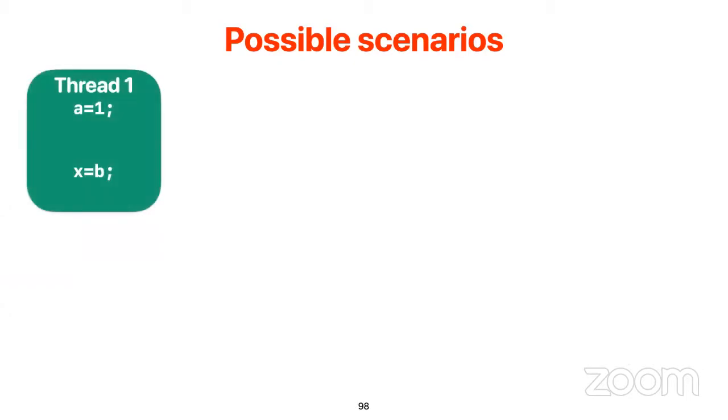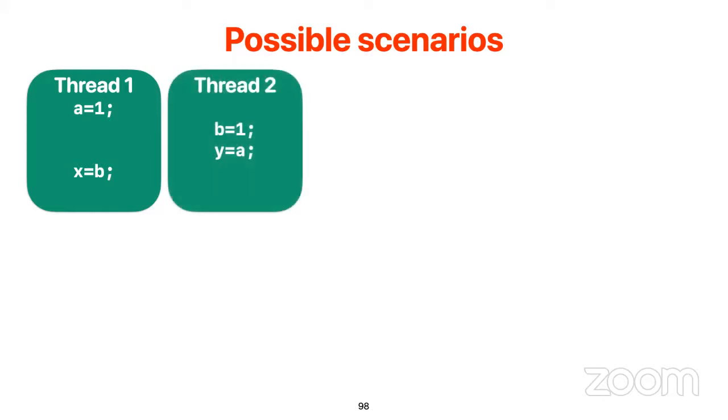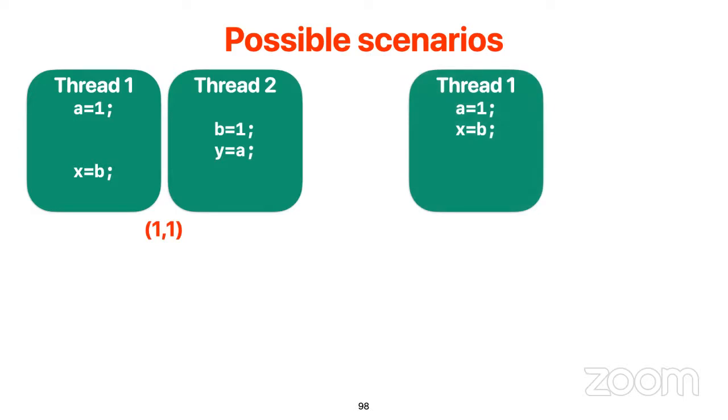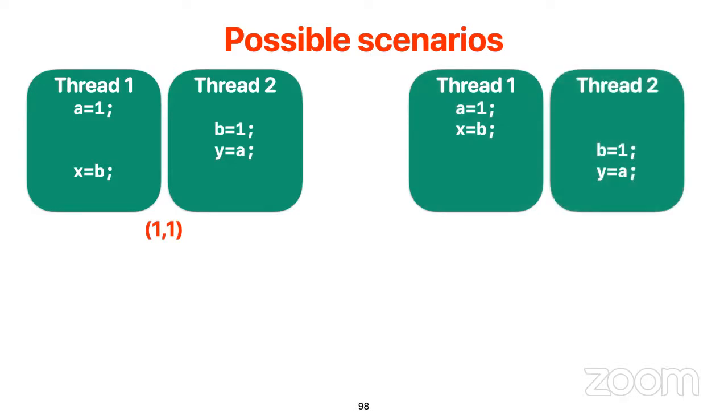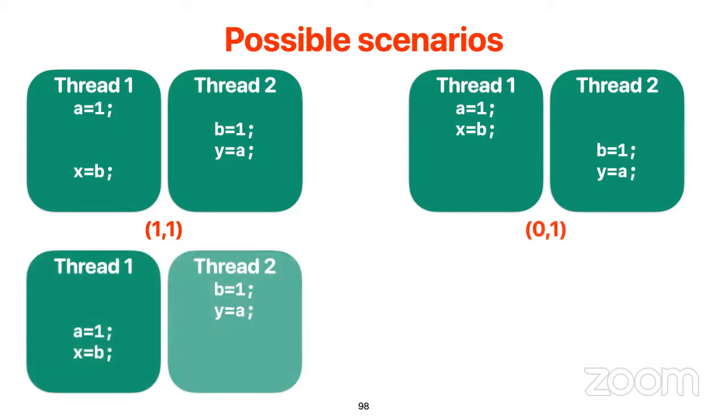Not only that, parallel programming is problematic because your threads may not run deterministically. Sometimes it's going fast, sometimes slower, right? So if you have variables A and B, and another pair X and Y, it's highly possible that you are going to see 1, 1, 0, 1, and 1, 0.